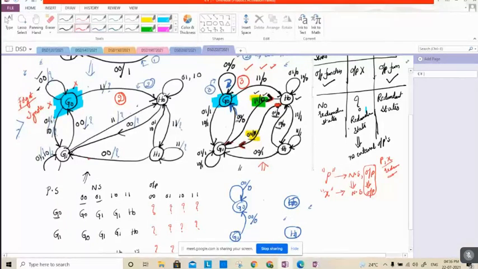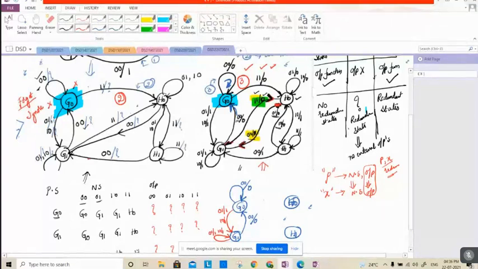Now, what are the lines that are coming towards G1? So this is one line. What are the outputs of these lines? 0, 1 by 1, 1, 0 by 1. And what about this line? 0, 1 by 1, 1, 0 by 1.